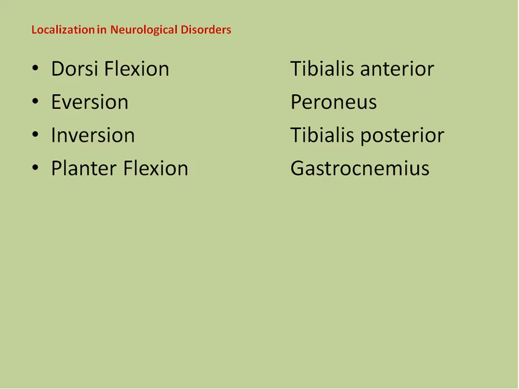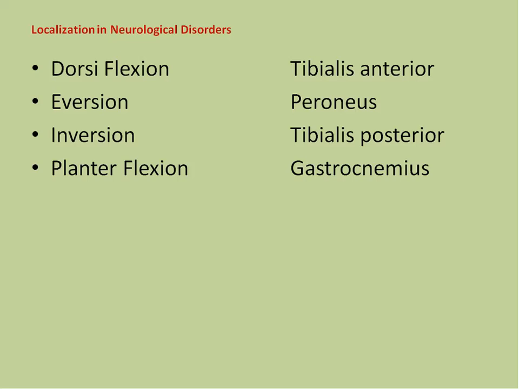So 2 possibilities. One may be 2 separate lesions involving the common peroneal nerve and tibial nerve together, which is unlikely. You may see it in the books, but not in practice. The other is the sciatic nerve, which divides into tibial and common peroneal. So a lesion in the sciatic nerve can give you the scenario where the patient cannot do dorsiflexion, eversion, or inversion, but can do plantar flexion.